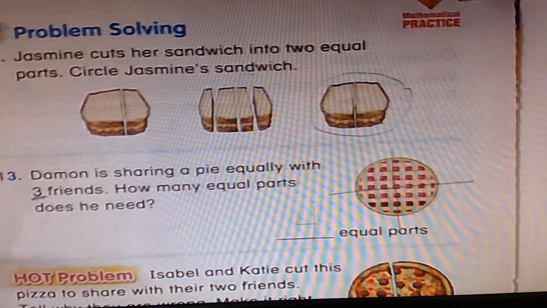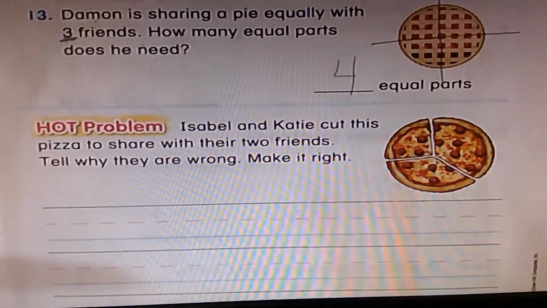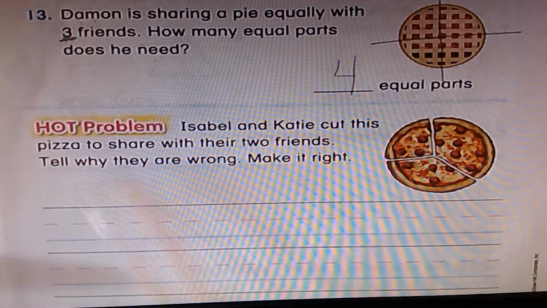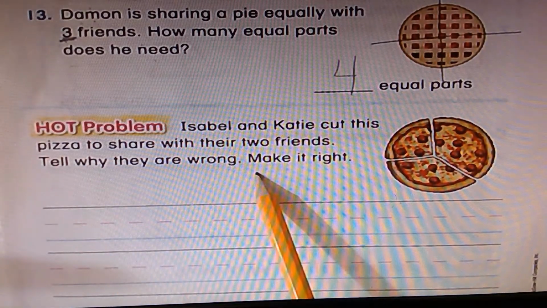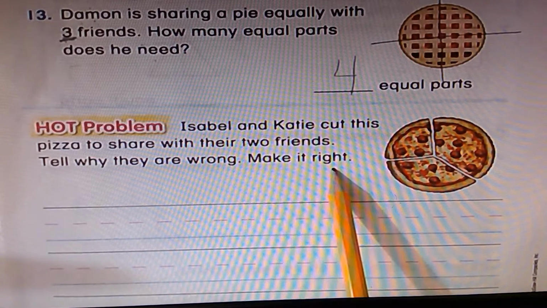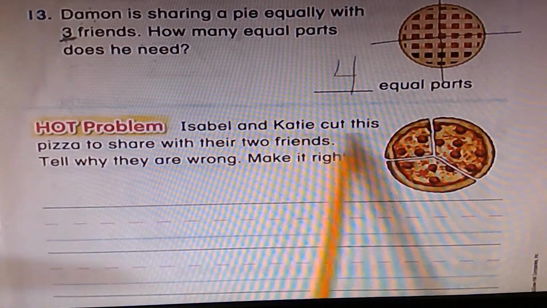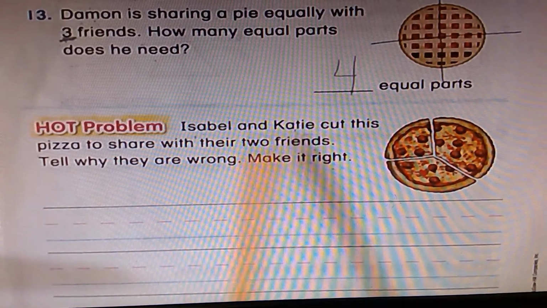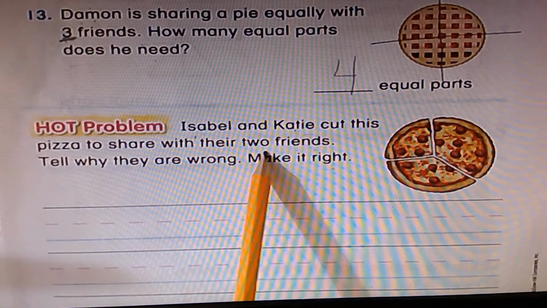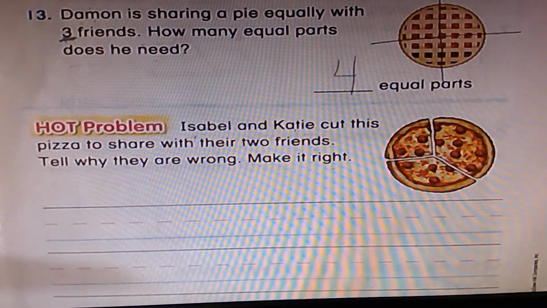Okay. Hot problem. Isabel and Katie cut this pizza to share with their 2 friends. Tell why they are wrong. Make it right. Isabel, Katie, 1, 2 more. How many pieces of pizza should there be? 4. 2 friends.